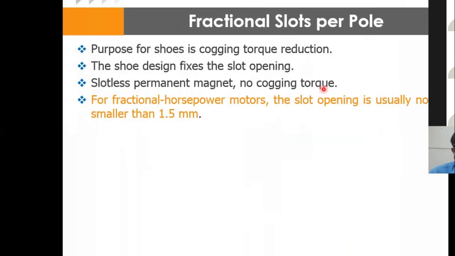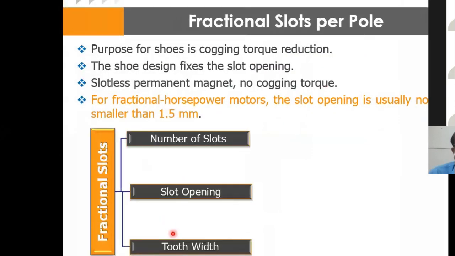So this is what they are telling here, that is slot opening. And next is tooth width, that is the teeth width. In the first, what we saw was the magnetic length, and the next is tooth length. If you have a small magnet, you can increase the tooth length so that less of the magnet is traveling over the opposite pole, and the other half of the magnet will be on the like pole.